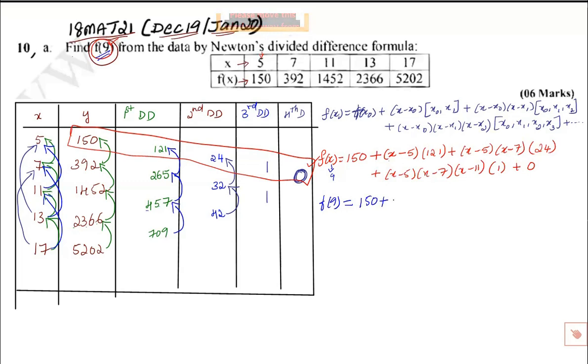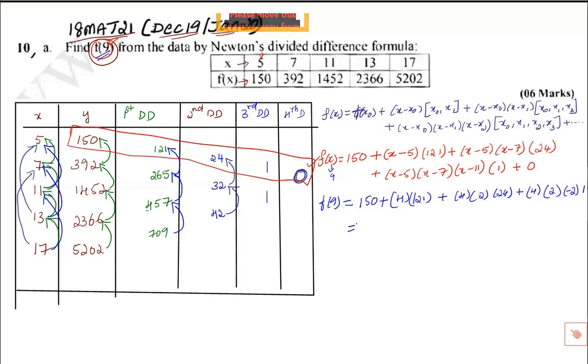150 plus 9 minus 5 is 4 times 121 plus 9 minus 5 is 4 into 9 minus 7 is 2 into 24 plus 9 minus 5 is 4, 9 minus 7 is 2, 9 minus 11 is minus 2 into 1.